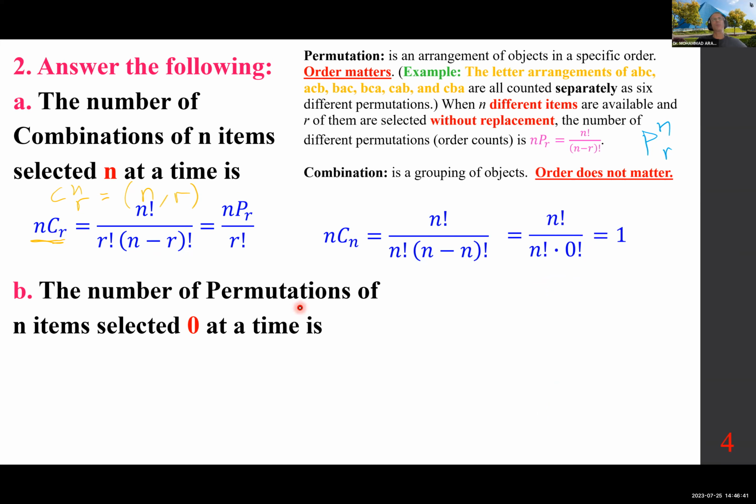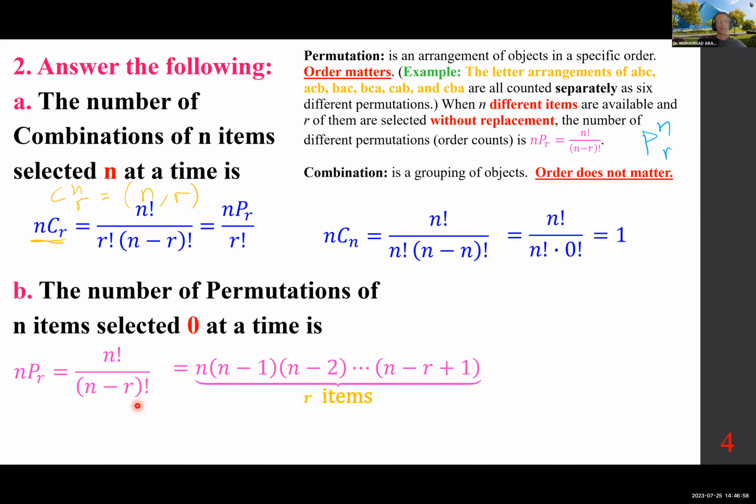If I want to calculate the permutation, we are going to go with this formula, and we are going to replace the R with 0. By the way, as far as the definition of this is that it becomes n times n minus 1 times n minus 2 all the way to the number before this, which is n minus R plus 1.